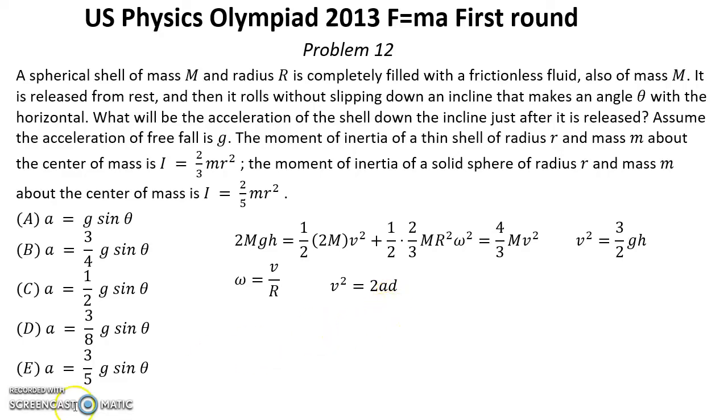In our case, distance equal h over sine theta. Now we can put this in, and we have v squared equal 2ah over sine theta. Finally, we can equalize these two v squared expressions, and we have acceleration equal 3/4 g sine theta, which is answer B.